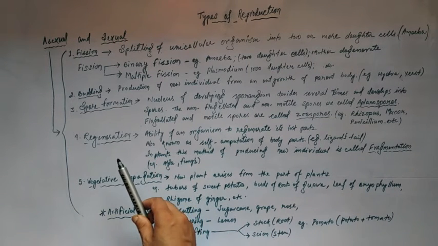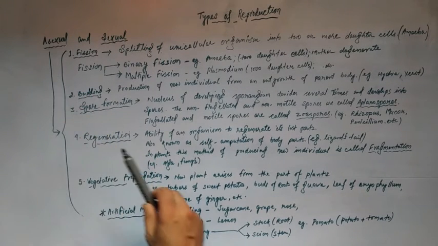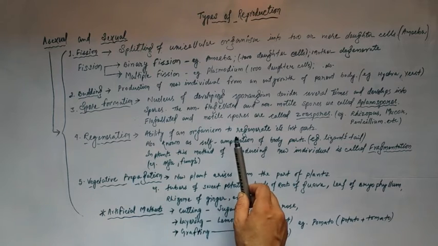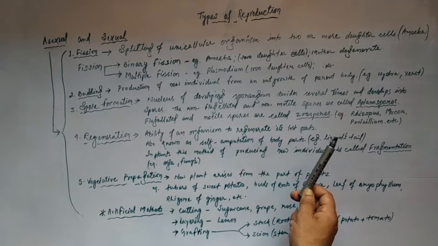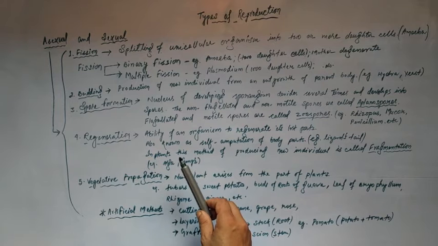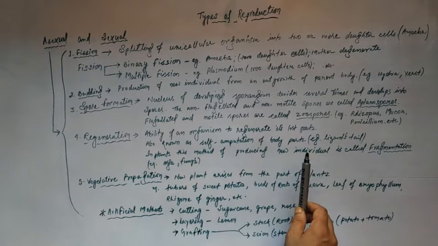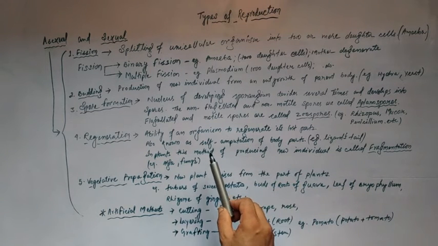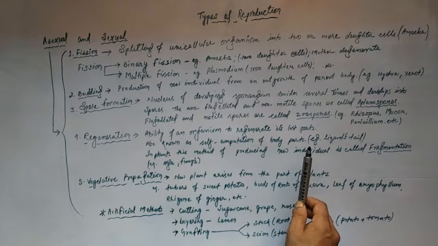Next one is regeneration. Regeneration is a type of asexual reproduction in which an organism has the ability to regenerate its lost body parts. For example, you might have seen a lizard that has the ability to regenerate its lost tail. This process is also known as self-amputation of the body parts.